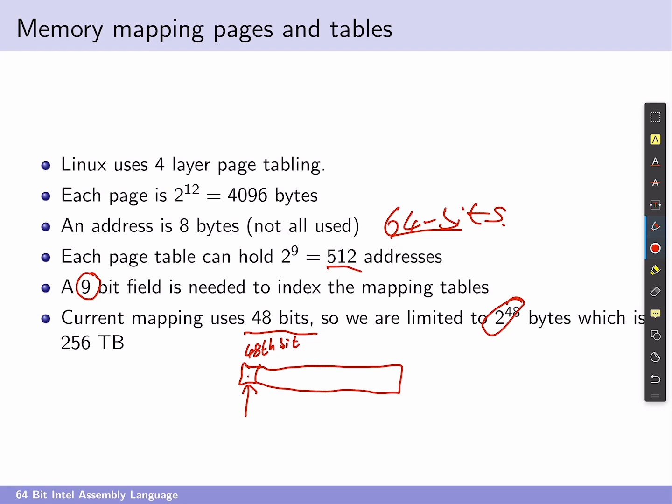So we actually use this higher order bit to indicate what type of page we're going to work with. Now what was discussed here is just a normal page of 4K, but we'll deal with the alternative case shortly. But that's why there's this distinction, that we actually only use 47 bits of this to address the virtual memory.